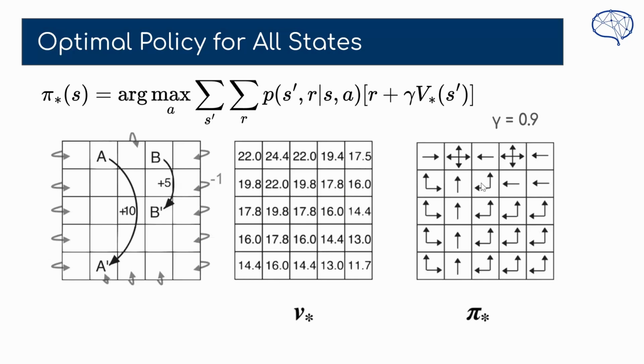If you're in this state right here, your pi(s) would be to go up, or you could go left. So this pi star is basically only dependent on v star.